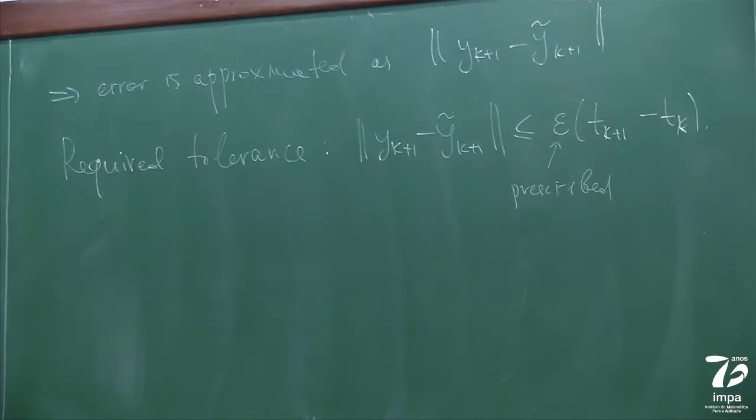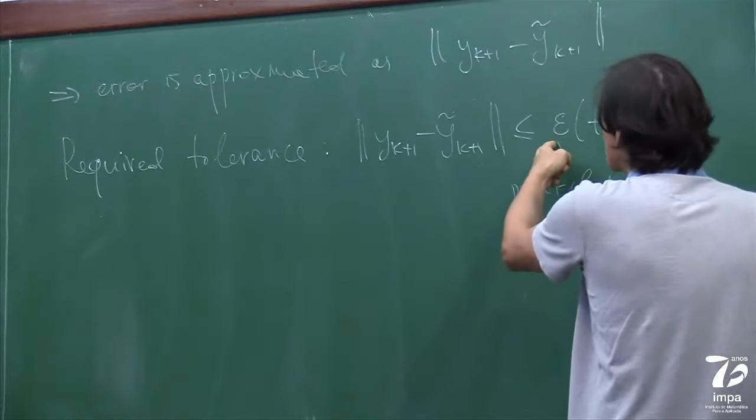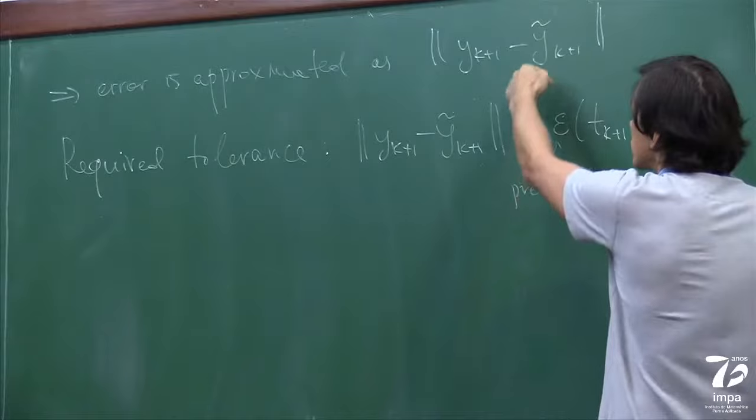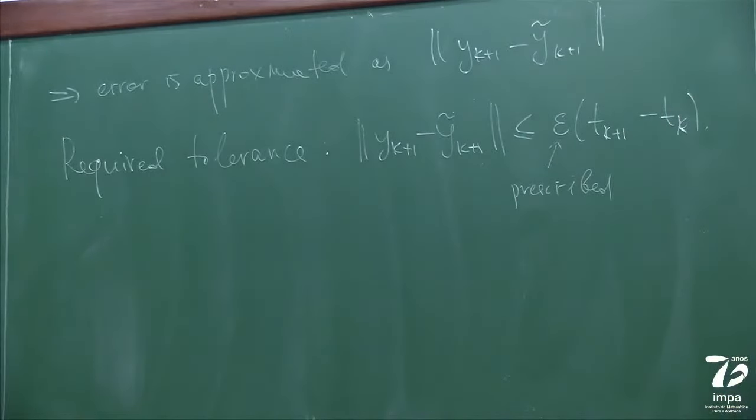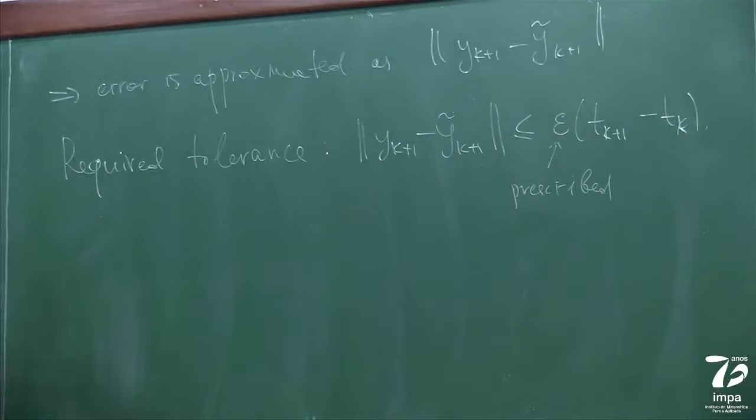So you prescribe the error. It can be absolute or relative. If relative, then you also put the norm of y inside. And then you ask that this should be smaller than this value. And the typical method uses adaptive steps.